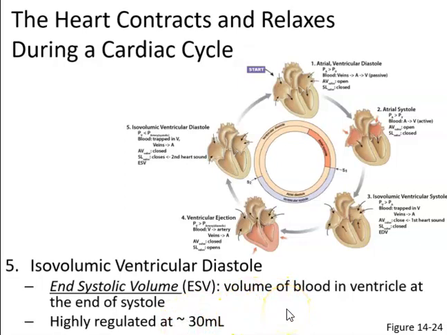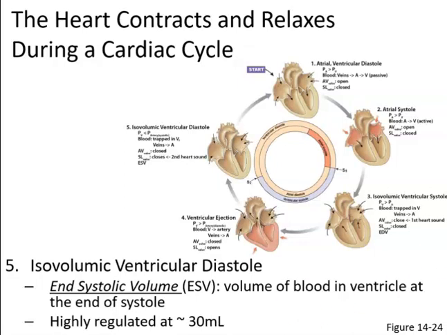Stroke volume is the amount of blood that is pumped by one ventricle during contraction. And the formula for stroke volume is the difference between end diastolic volume and end systolic volume.